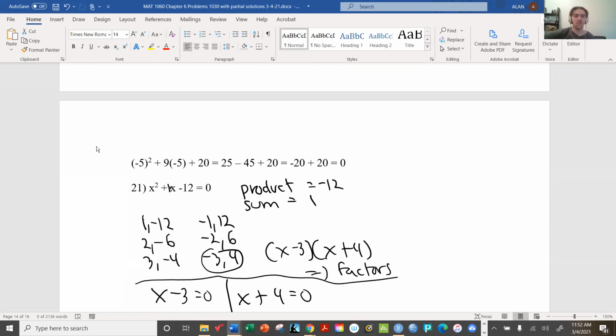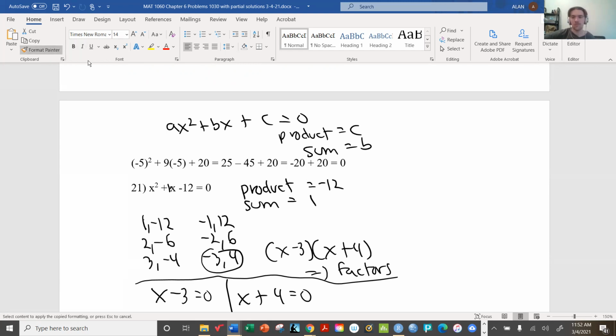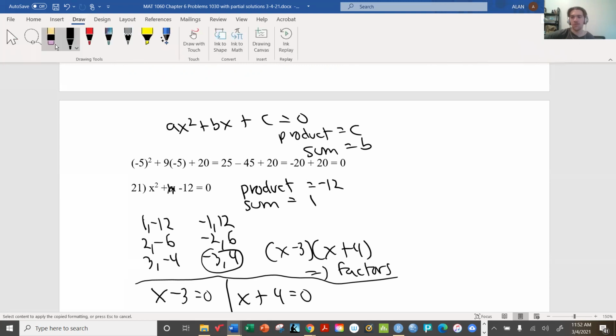In other words, remember, a quadratic equation is written like this: ax squared plus bx plus c equals 0. The product is c, and the sum is b. But this time we just had plain x. And so oops. Remember that x means the same thing as 1 times x. So therefore, in this case, 1 is b, and that's what we need for our sum.